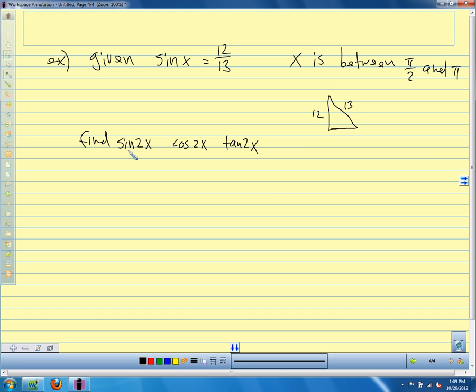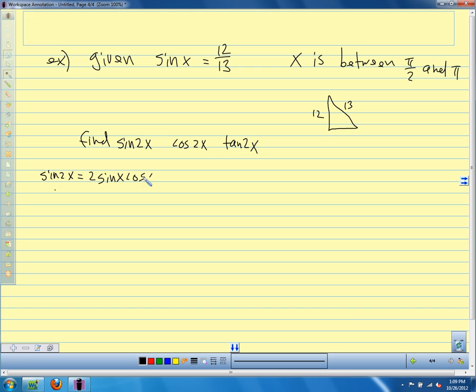Our identity for sine of 2x, we know that sine 2x equals 2 sine x cosine x. So to find sine of 2x, I need to find the cosine of x.